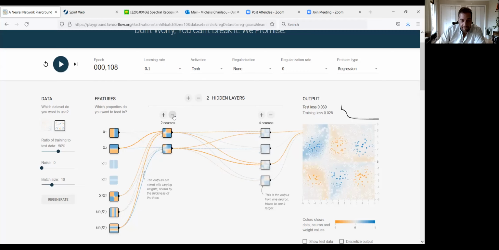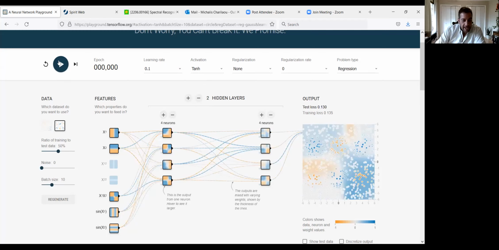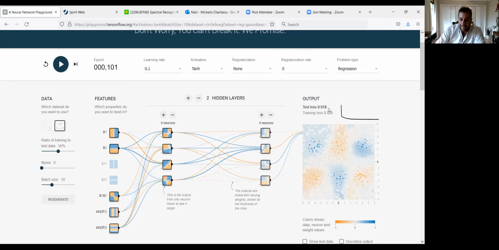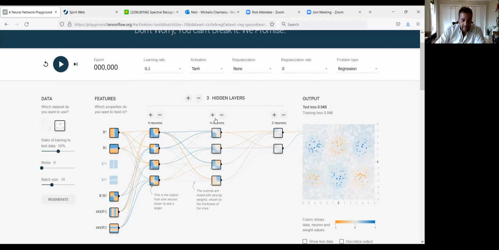Add neurons. Let's add neurons. Now, so we had 0.03 after 100 epochs, it's about half the loss, so it's closer. If we add another layer, after 100 epochs, it's slightly better.